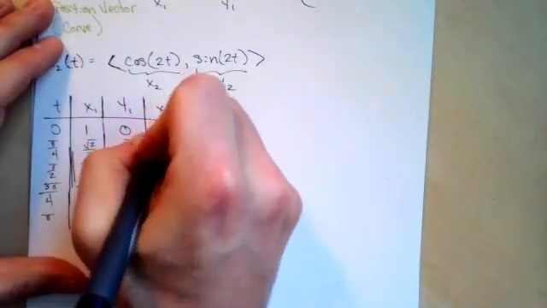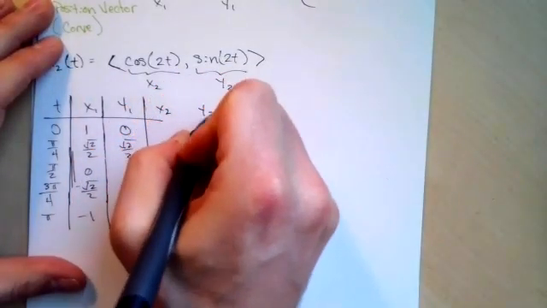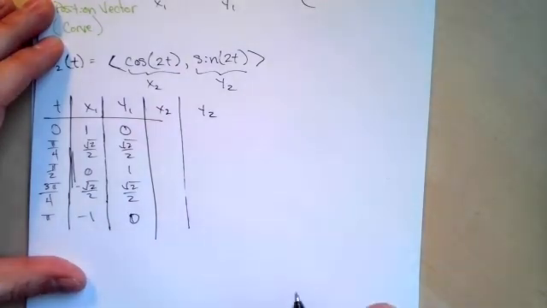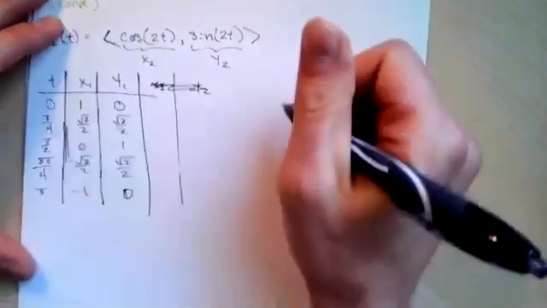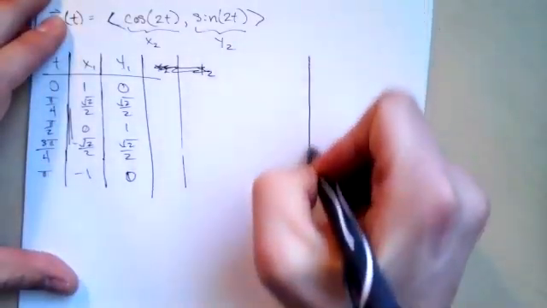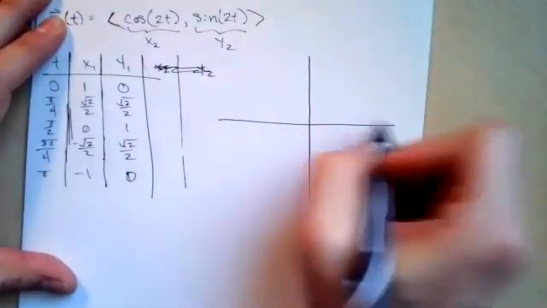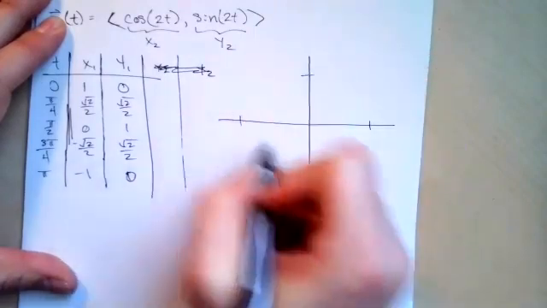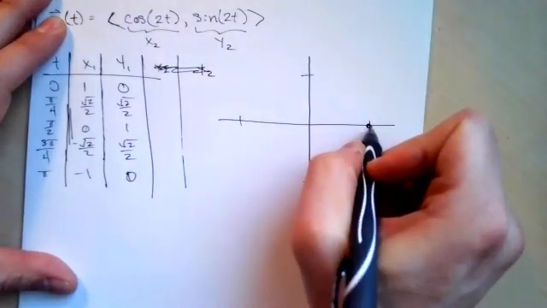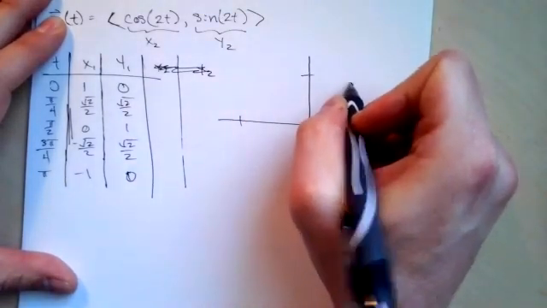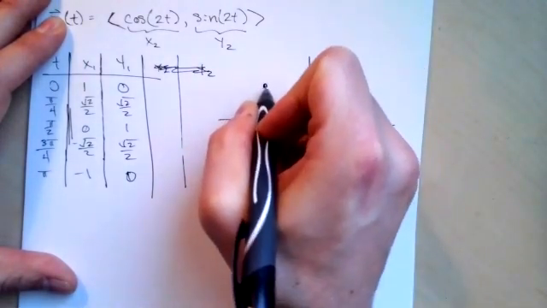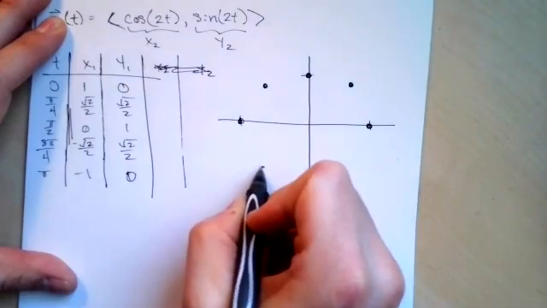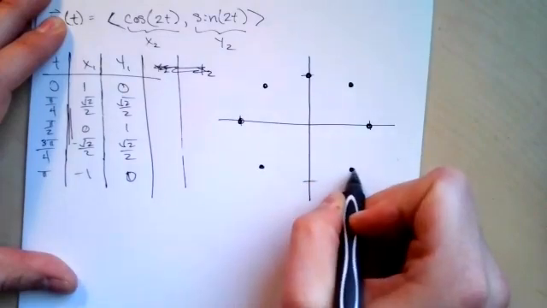And then for our x2 and y2, maybe we do want another table for that. Let's come up with a different table, actually, and let's do our graph over here. And of course, we're going to have a circle.